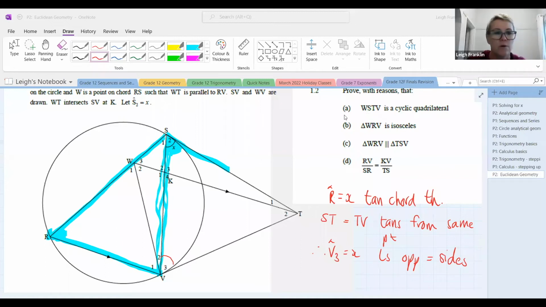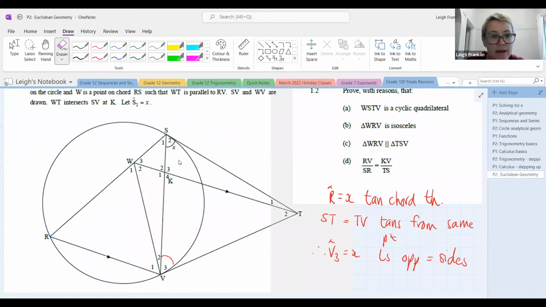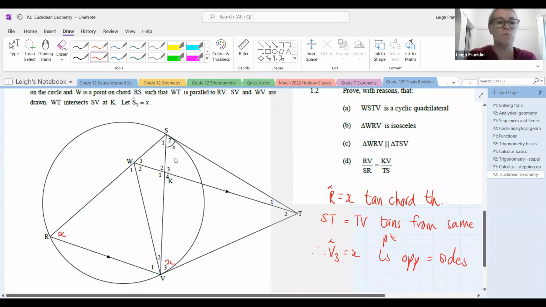All right, so let's place these here. And now we can put in our X's. All right, so we're nearly there, guys. We've got V3 that is equal to X, and now that you've got those angles that are equal to X, what are they also equal to in the diagram?